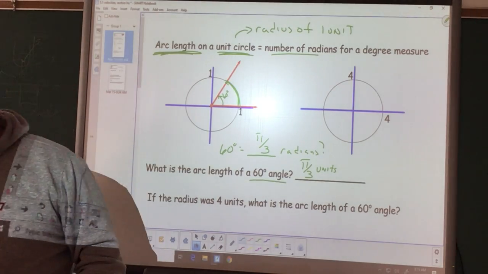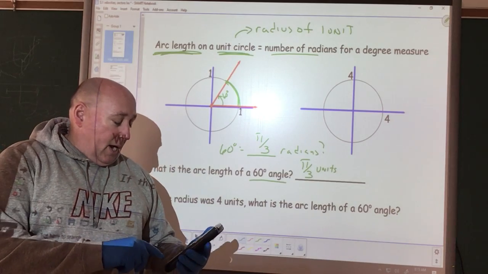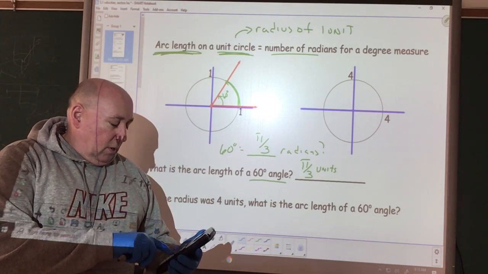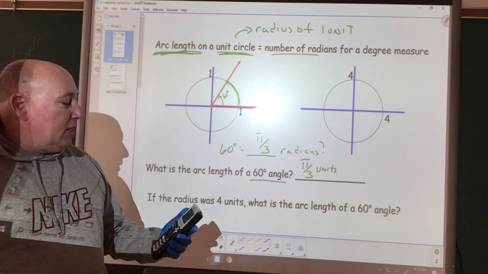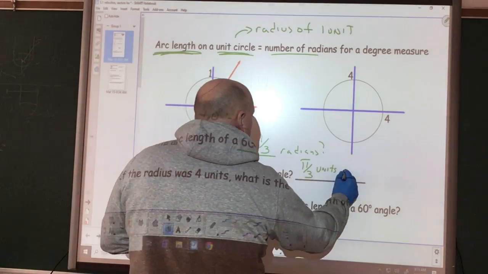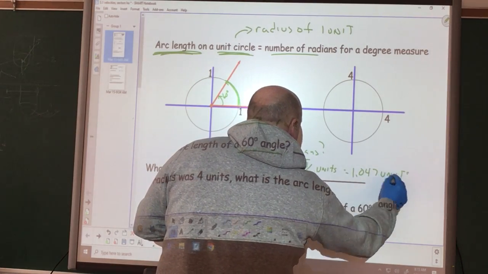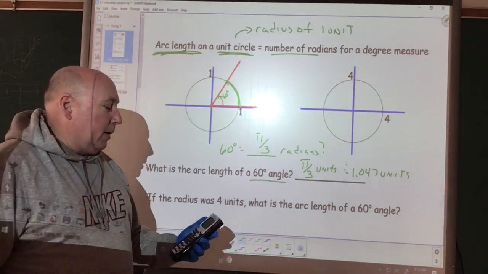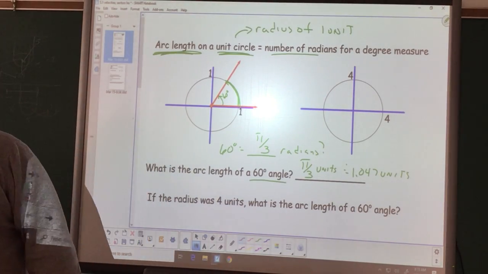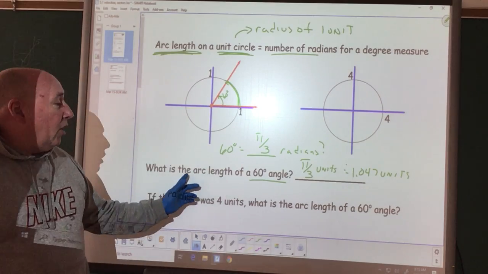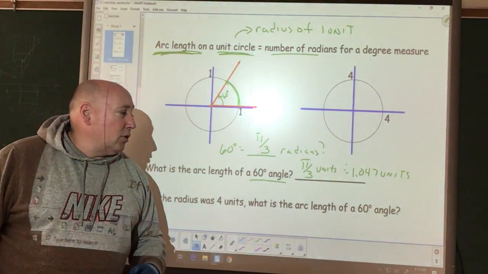If I wanted to, I could put that through the calculator, take my value of pi and divide it by 3, and I get 1.047. That's an approximate value because I'm approximating the value of pi. So we could find our arc length on this unit circle by just looking at the radian measure.